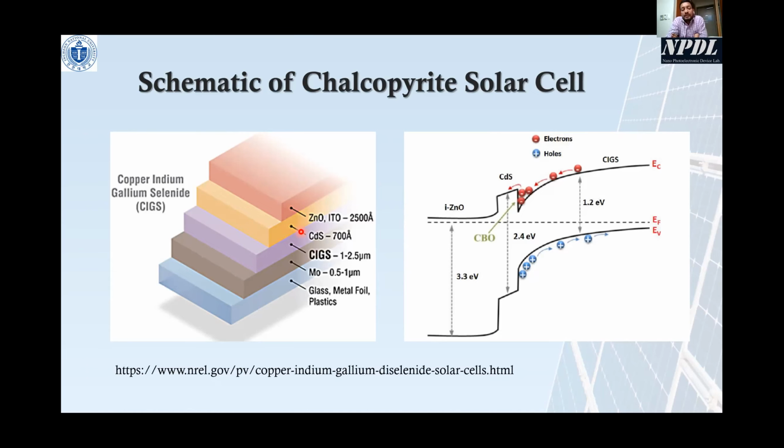These types of buffer layers are now replacing cadmium sulfide because cadmium is toxic and has a bad impact on the environment. So without a cadmium buffer, CIGS is not a problem for the environment. And CIGS solar cells are also now in commercial production in Korea.